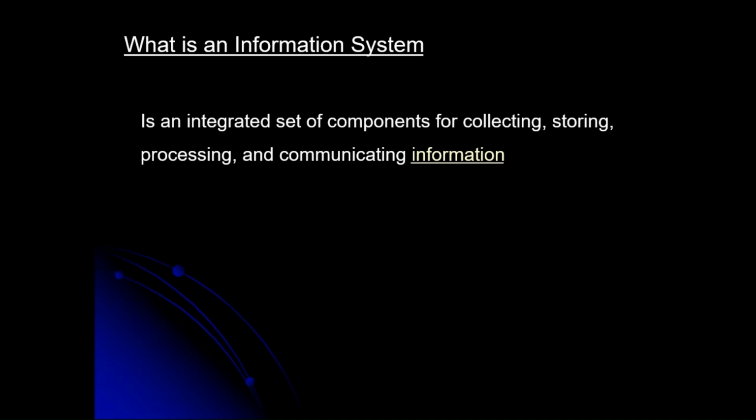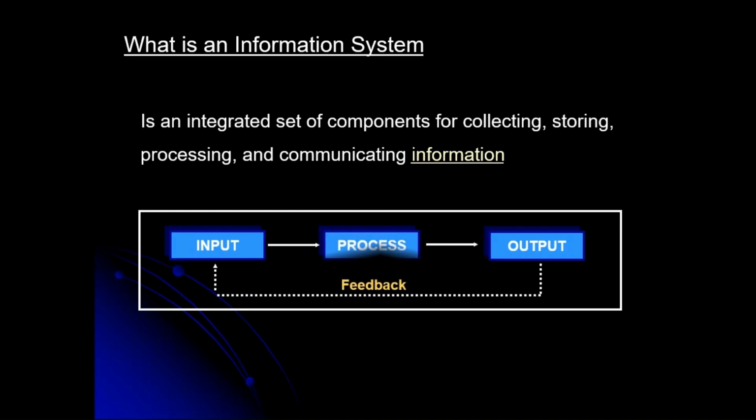In an information system, you get a set of interrelated components to collect, store, process and communicate information. If there are a set of components working together to collect, process, store and communicate information, such a system we call an information system.